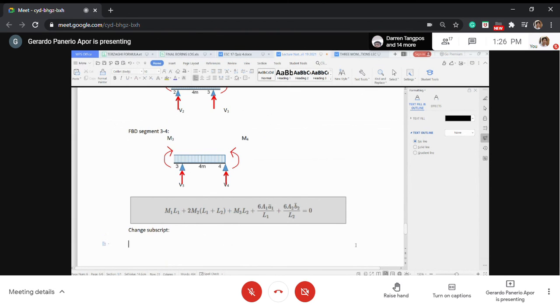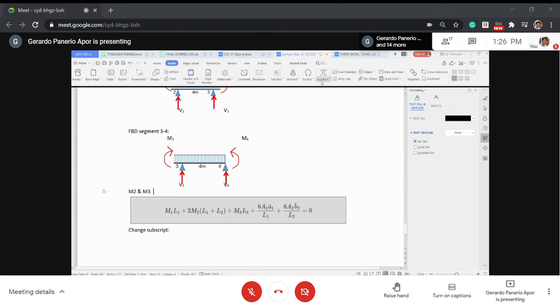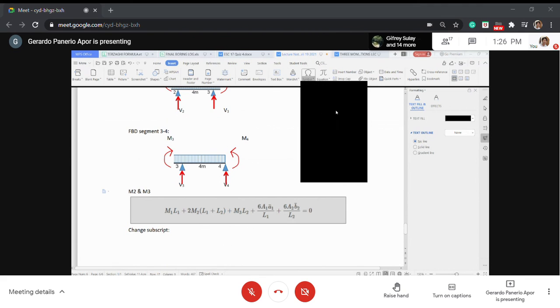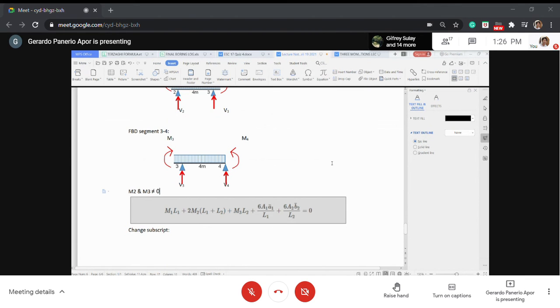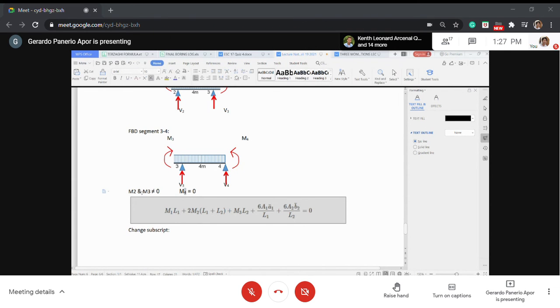Like for example, the M1 and M2 cannot be 0. But M3, M4 is clearly 0. Okay, so those are the things that we can conclude from the diagram.